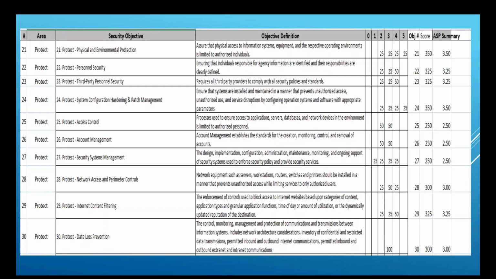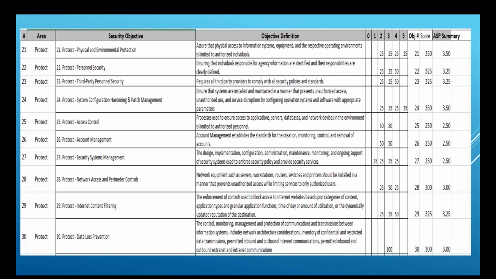Personnel security. So now we're also talking about our human resources, which are a valuable asset to us, and we want to make sure we're doing proper vetting of those personnel.